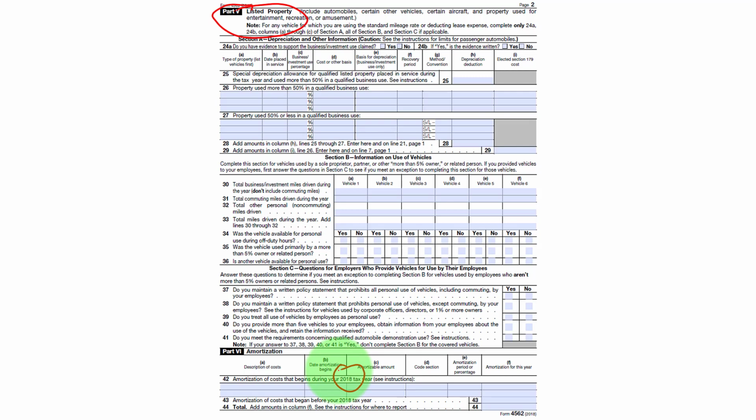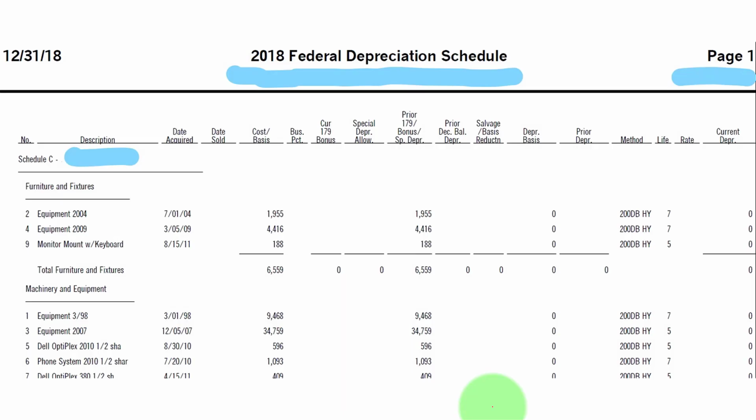And anything being amortized that was incurred from a previous year, that's now being amortized in the current year, is put into this line 43. And again, the total would be an other type expense reported back on the main form. Let's move on to the next one.